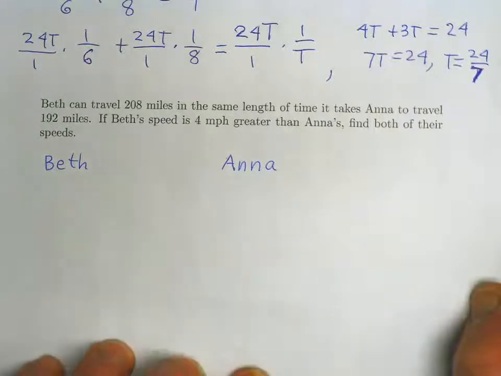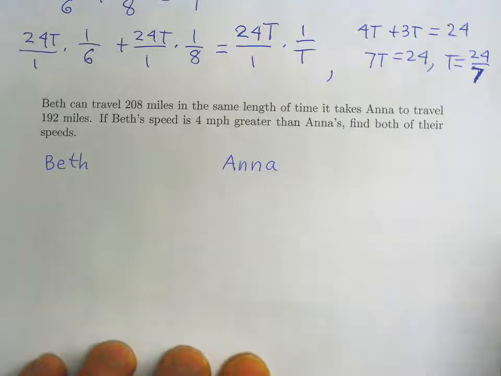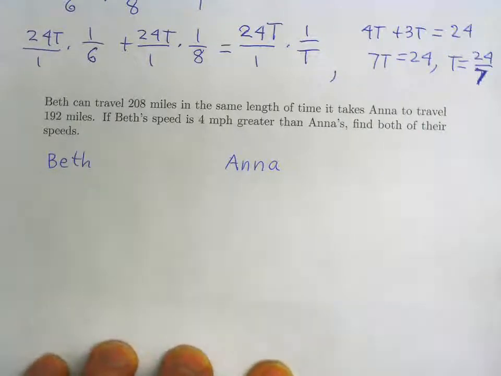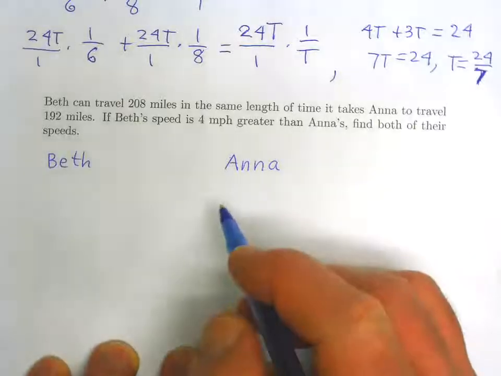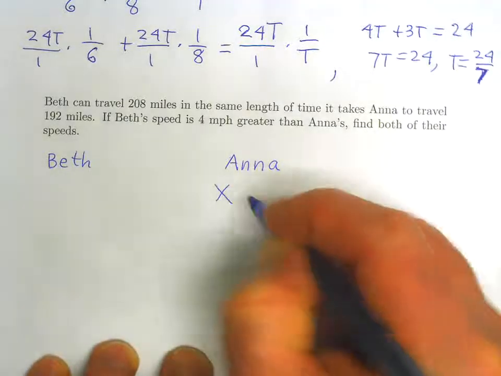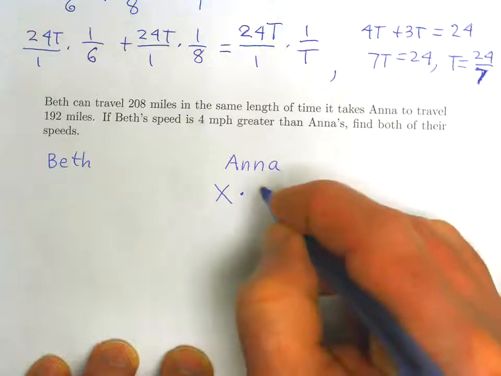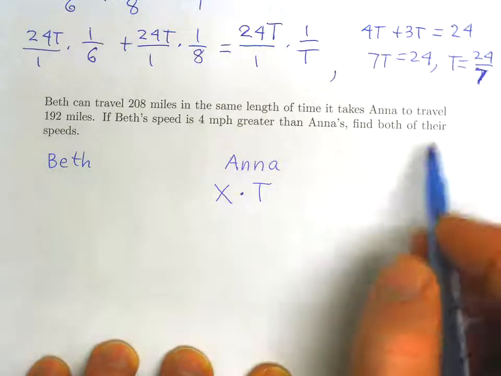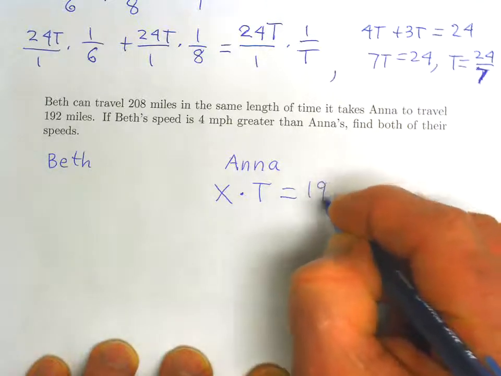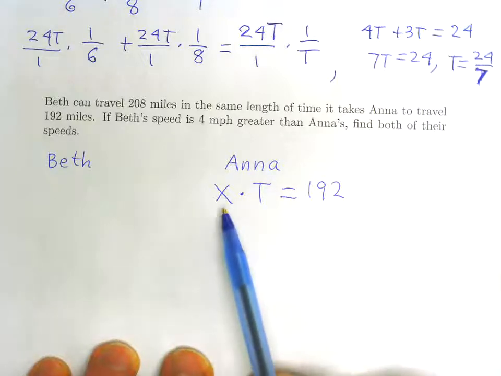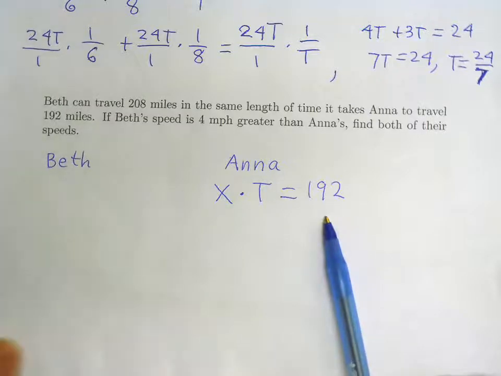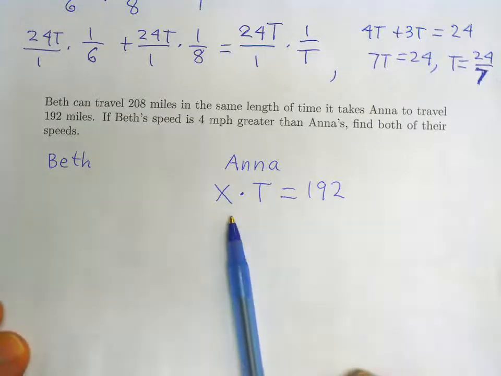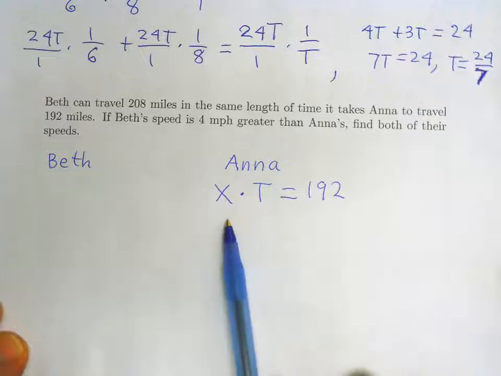Okay, so there's more than one way to adequately assign variables, but I'm going to pick x to be Anna's speed, and in a certain amount of time, Anna travels 192 miles. So for Anna, I have rate times time equals distance. Okay, for Beth, what's her rate? What's her speed?